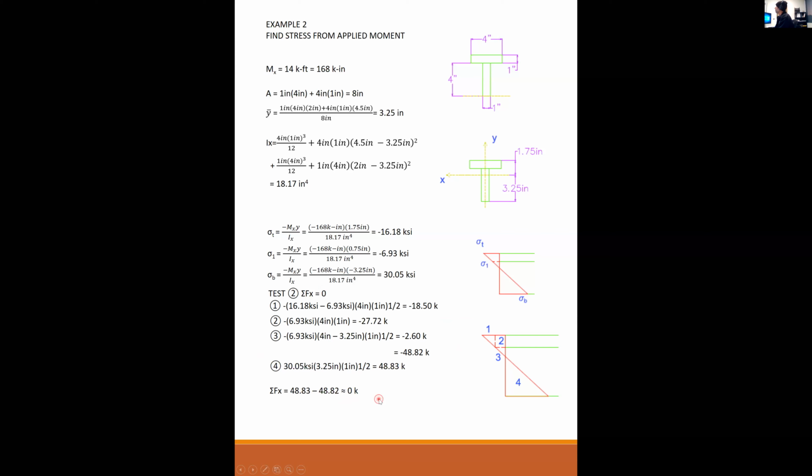Okay. So then we're going to sum the moments to see if they equal 0. What I did is I found the moment arm, the distance from the centroid to the center of the triangle first.